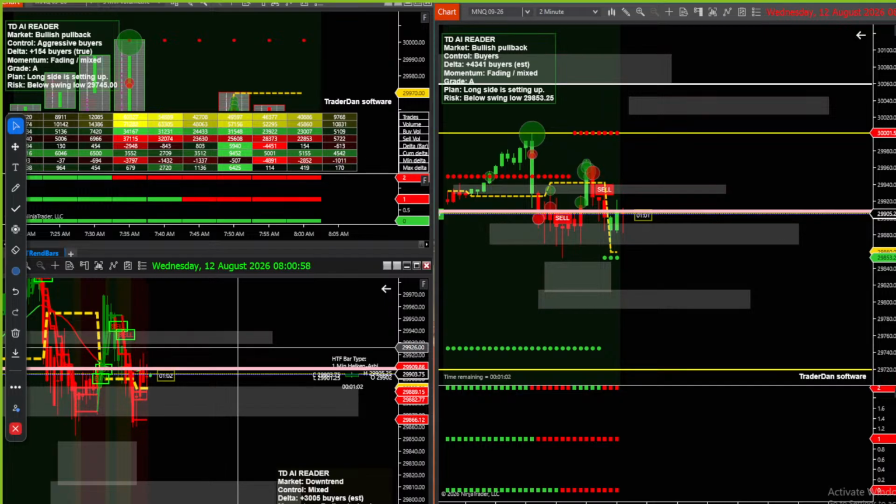Lots of buyers here. Market shifted down, holding that C phase for the long. Now we got buyers in here, 155, 140, 150.